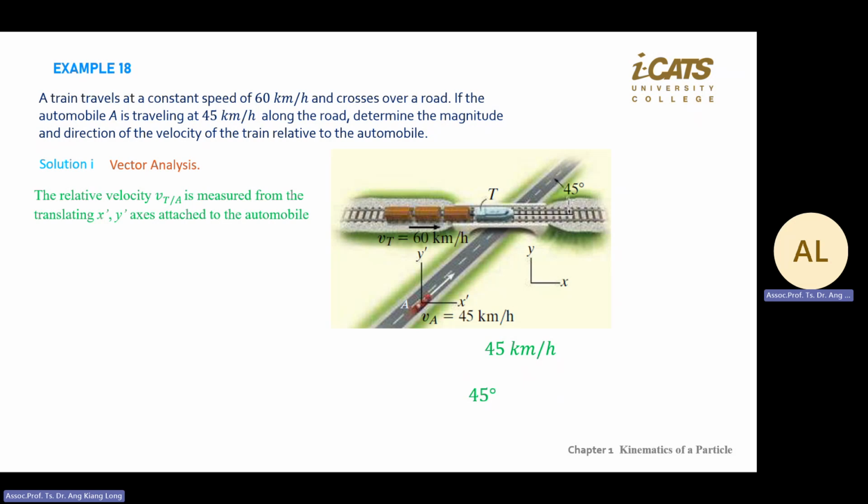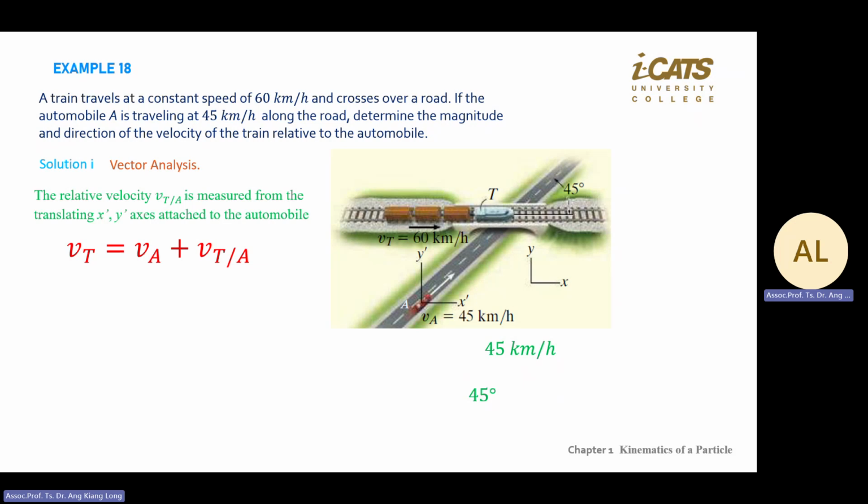So the arrow is pointing like this. Train relative to A, so from A you look to the train. Then you write the first equation: train relative to automobile, Vt stroke A equal to Vt minus Va.